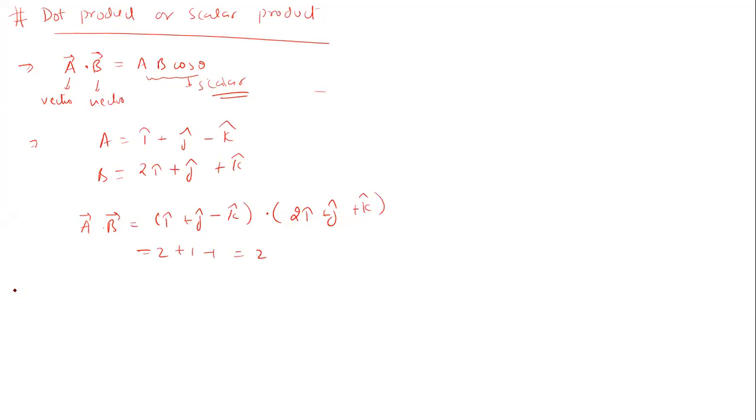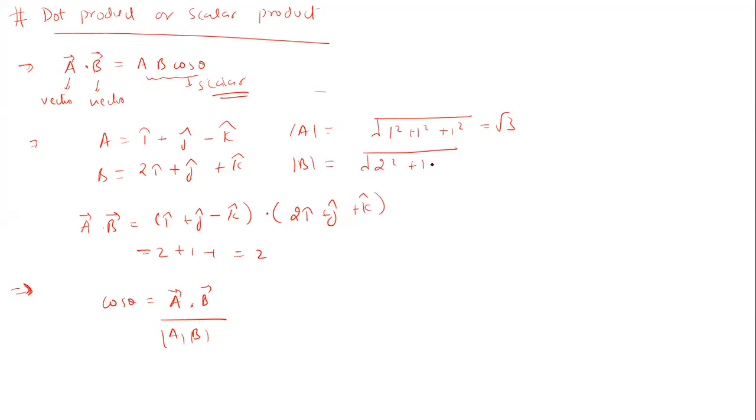Now if we have to find the angle between the two vectors, that is cos theta. To find cos theta, it would be a dot b divided by mod a mod b. So a dot b is 2. Then we have to find mod a and mod b. Mod a will be the square root of 1 square plus 1 square plus 1 square, meaning root 3. And mod b will be the square root of 2 square plus 1 square plus 1 square, meaning root 6.